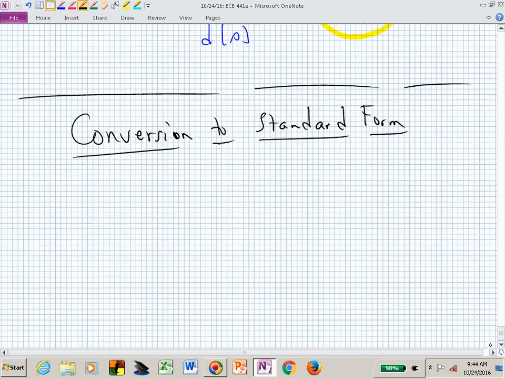When I say conversion to standard form, I'm saying given a generic characteristic equation, something that has K sprinkled in it, how do we make it fit this 1 plus K N over D equal to 0?